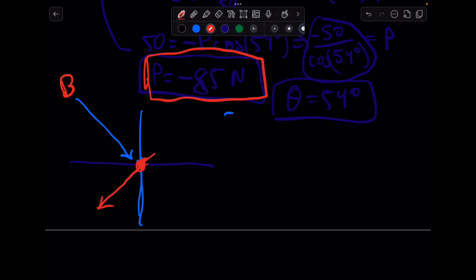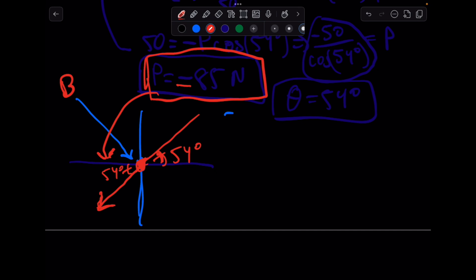So assuming this right here is 54 degrees, we could use the alternate interior angle theorem. So this is 54 degrees here, because this angle right here must be equal to this one from geometry. And then this is what it represents. Positive would be this way, but because we have the negative here, it means that this is what it actually means.